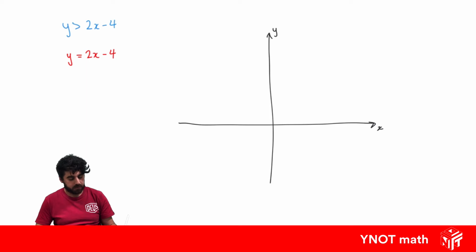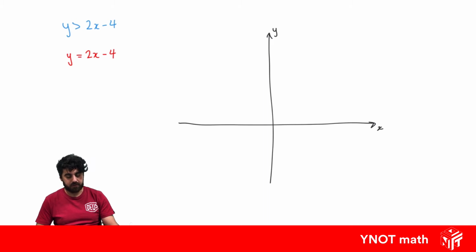Now, when sketching inequalities and shading regions, one thing we have to be careful about is what kind of symbol we have. Last time we had a less than or equal to symbol, so it was no issue. But if we have a greater than or just less than symbol, when we go to sketch our line or function, we need to do a dotted line.